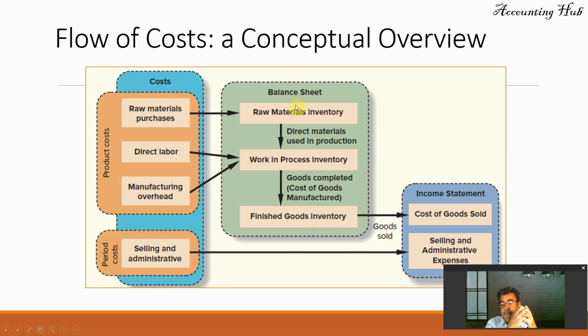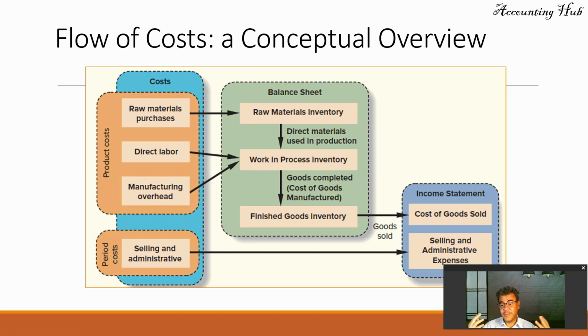And we grab some products from these raw material inventory, and we start working on that. So it is work in process inventory, where we combine raw materials, use it in production, direct labor, and manufacturing overhead.